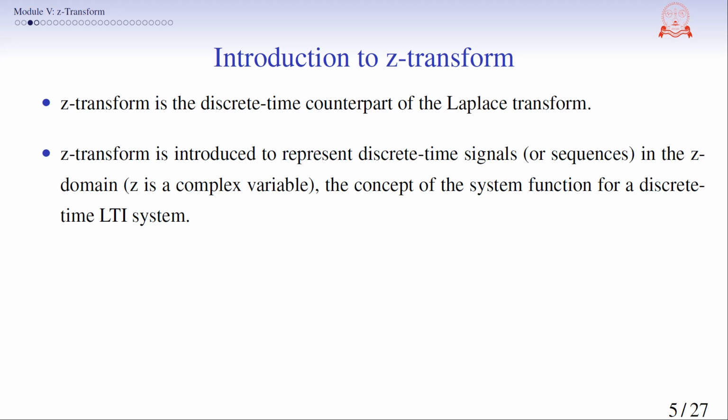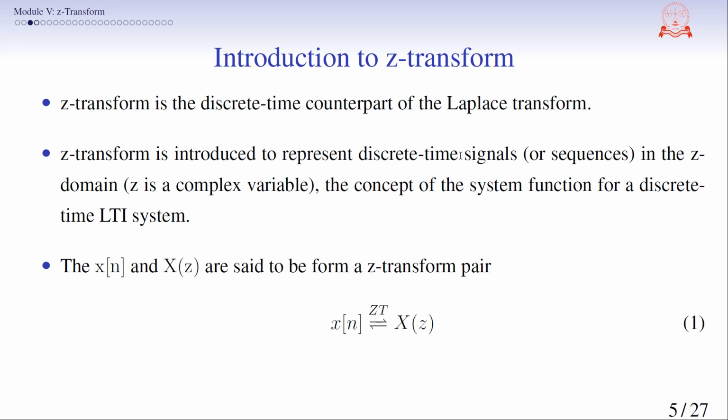In the Laplace transform, the concept of system function is represented for the continuous time LTI system, whereas in the Z transform, the concept of system function is presented for the discrete time LTI system.